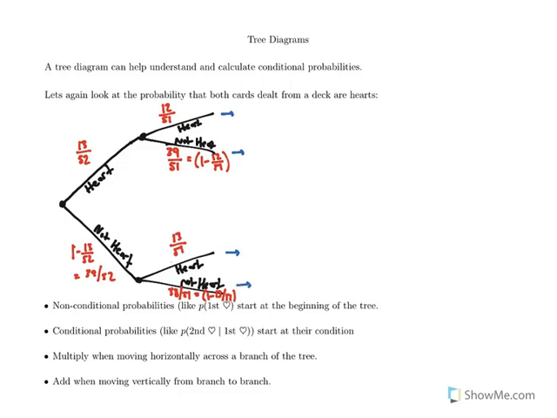The first one is what we just did. That's going to be the probability that the first is a heart and the second is a heart. And we know that to be the probability that the first is a heart times the probability that the second is a heart, given that the first is a heart.